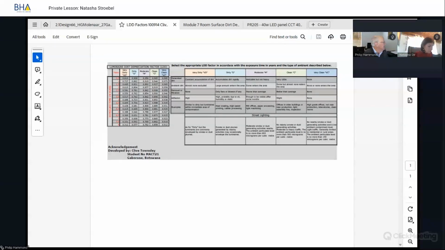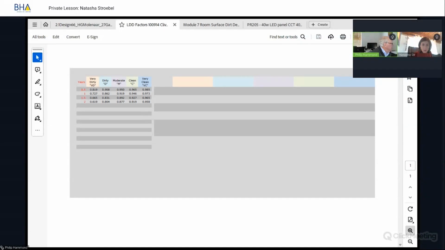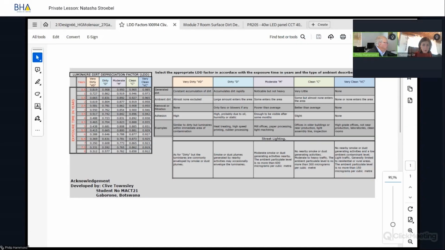So you're going to look at that table. I've got to squint at it because it's small, so let me increase the size. Typically, in general, we plan to clean every 2 or 3 years.